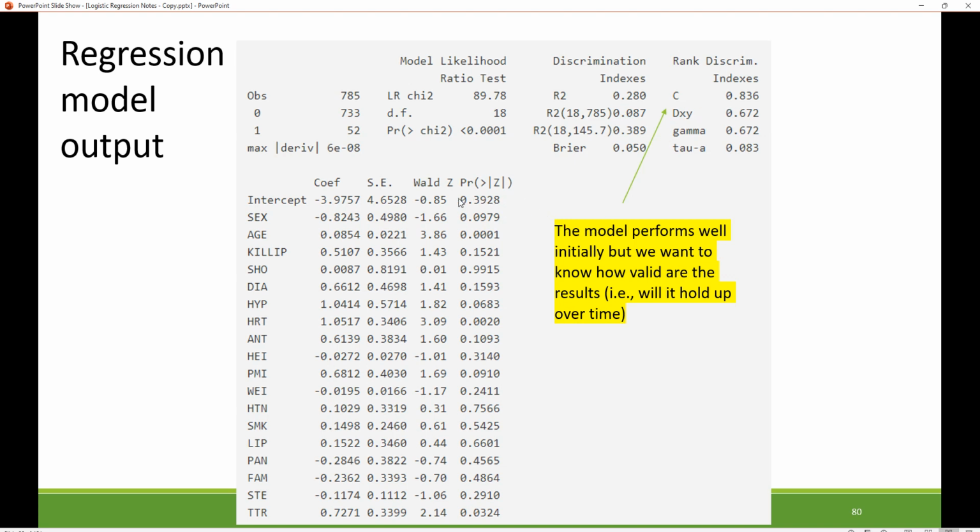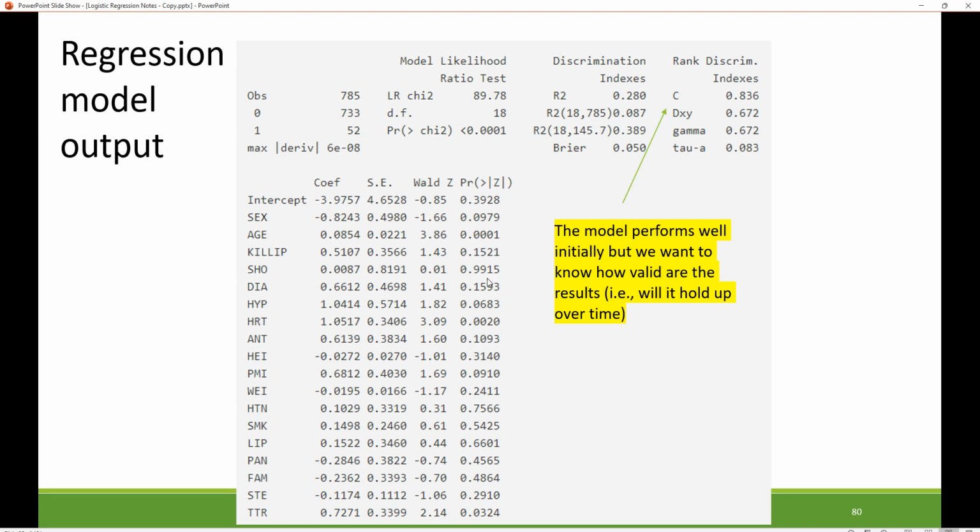If we scroll down our different predictors, if we go to that far right column and focus on the p-value, anything below 0.05 would indicate what we'd consider a low chance of us being wrong about that being an important finding. So we see that age meets that 0.05 alpha level.